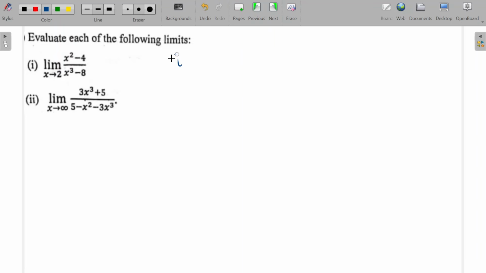So I'll say I. The limit as x approaches 2, for this case we have x squared minus 4 over x to the power 3 minus 8.